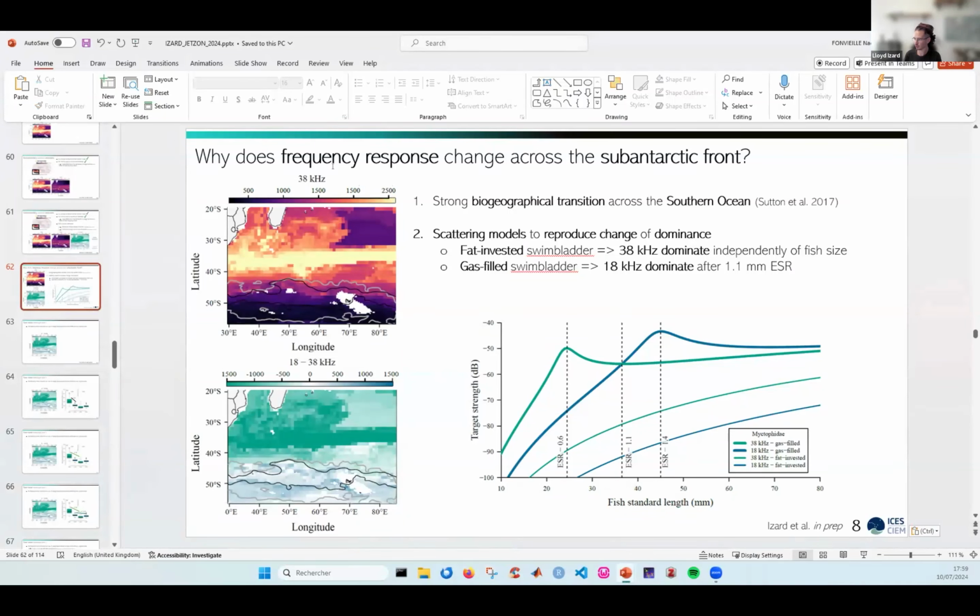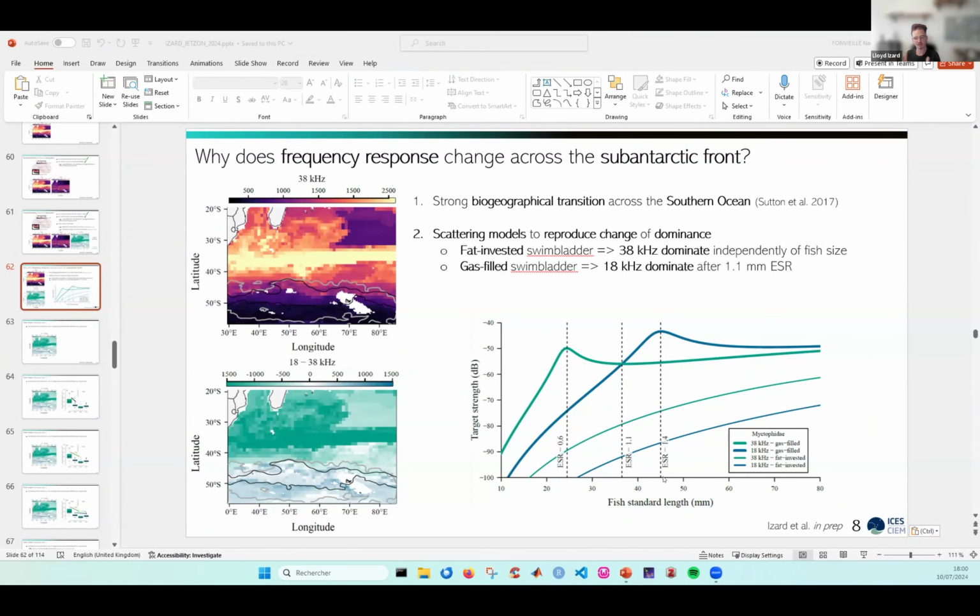So you can see how the frequency response changes across the Subantarctic Front. I can see a graph of fish standard length against target strength. Exactly. So this explanation was based on the fish standard length. For the 18 kilohertz, we do observe bigger fish in size.